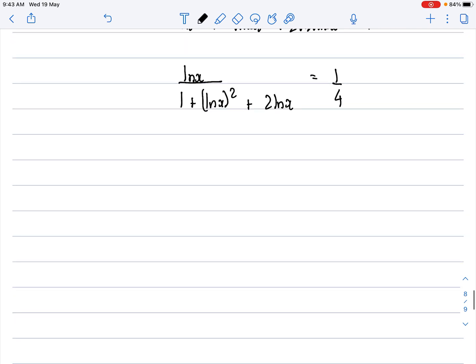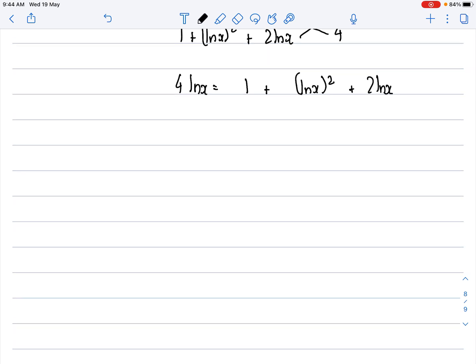Now I can simply cross multiply. So I can write 4 into ln x equals 1 plus ln x the whole square plus 2 ln x.